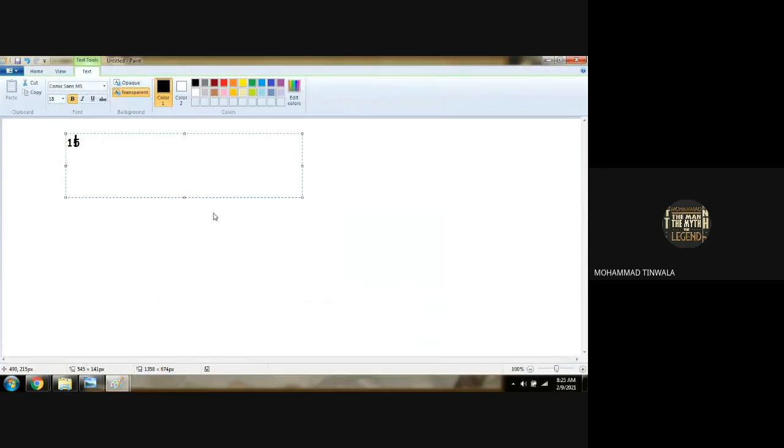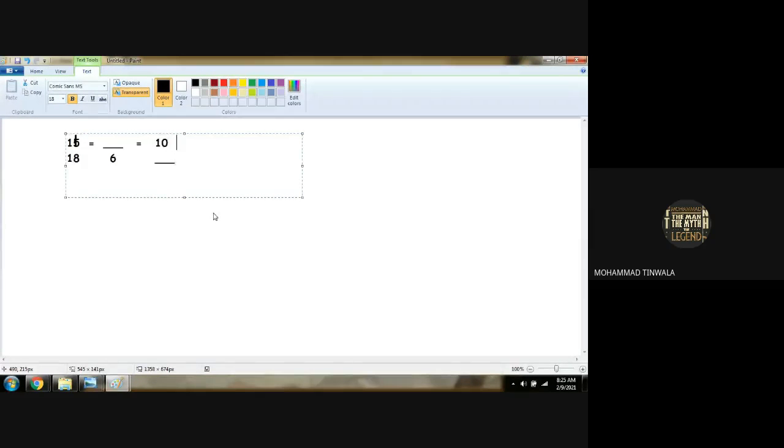Fifteen upon 18, which is equal to dash upon 6, which is equal to 10 upon dash.